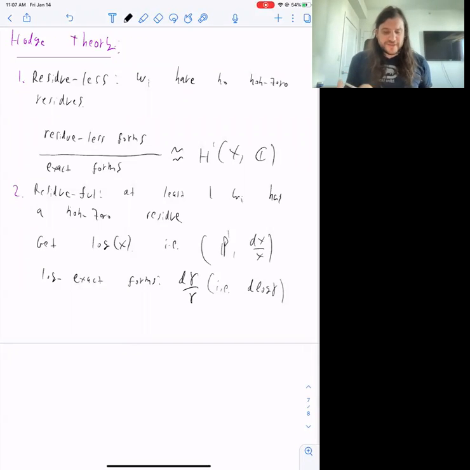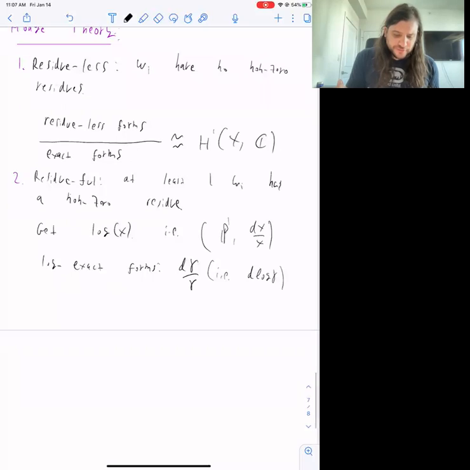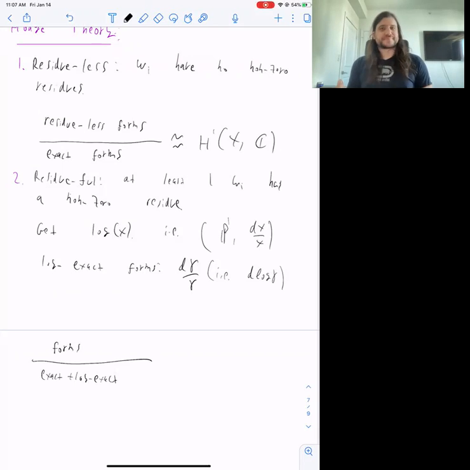And now the relevant theorem is if you look at all forms on X and you quotient out by exact and log exact forms, you get a space that's quite a bit bigger than H1 of X over C. What you get is H1 of X over C.